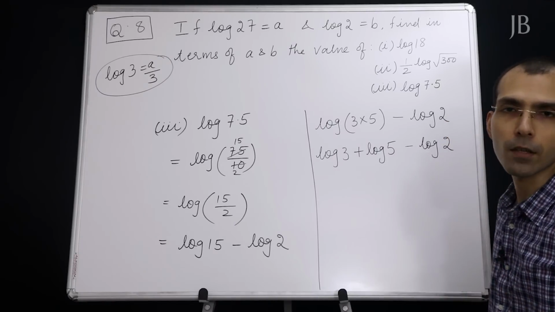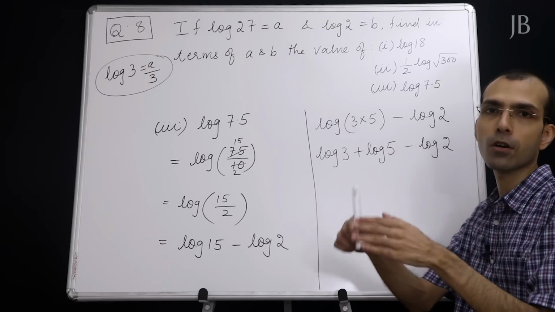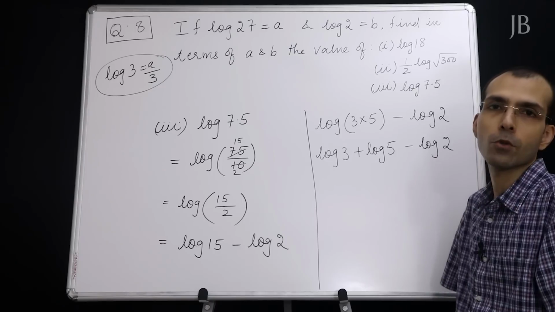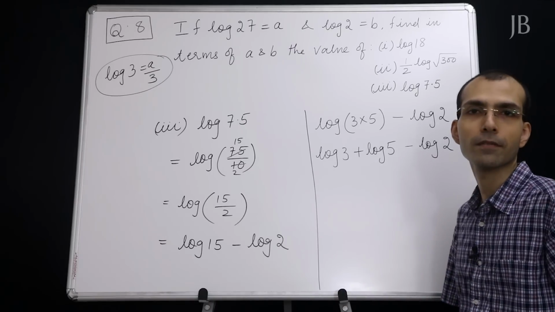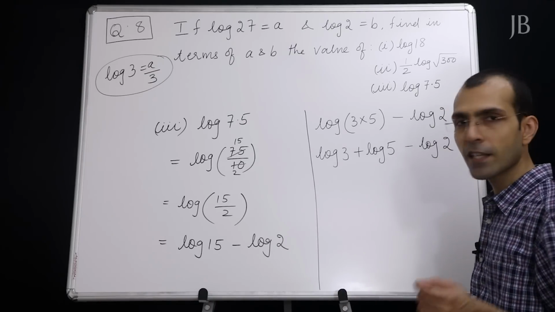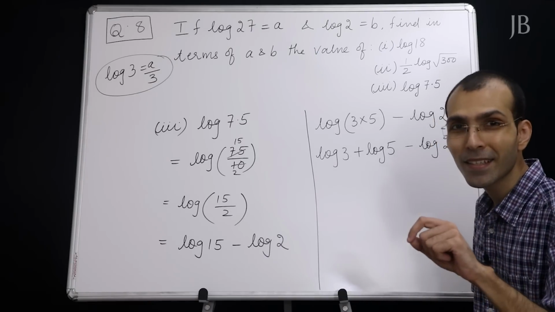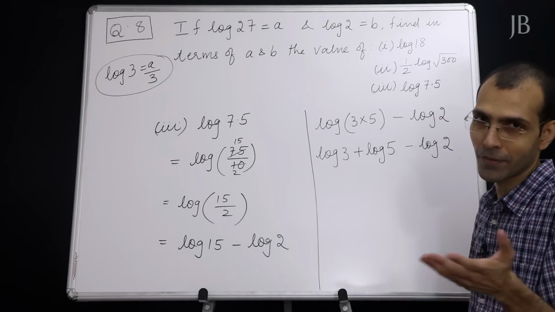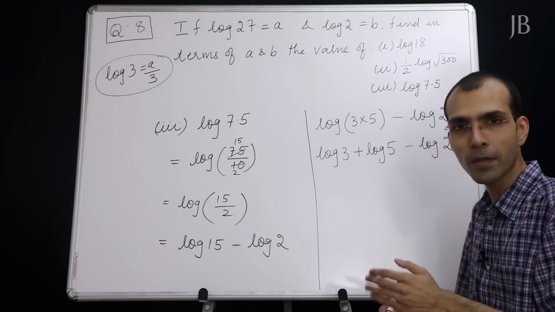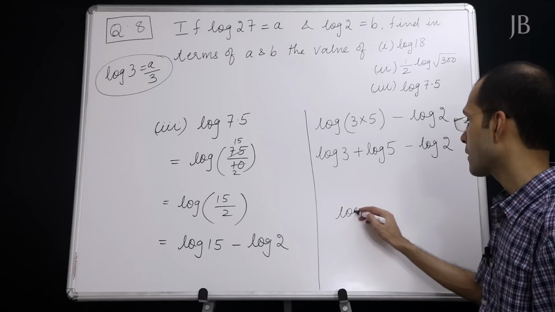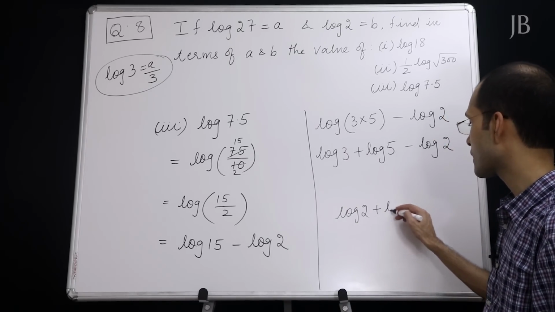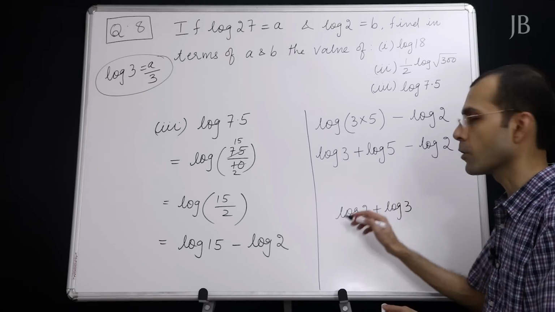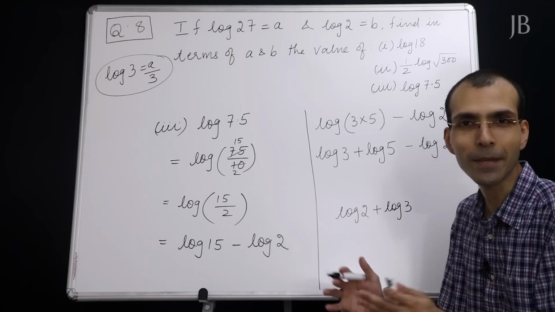How to tackle this? Now how can you decompose this? It will be log of 1 into 5. So again you will come back to this situation. If you say log 2 plus log 3 is log 5, no, we are mistaken. Log A plus log B is log of AB.